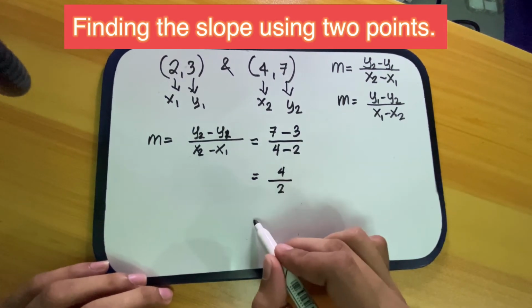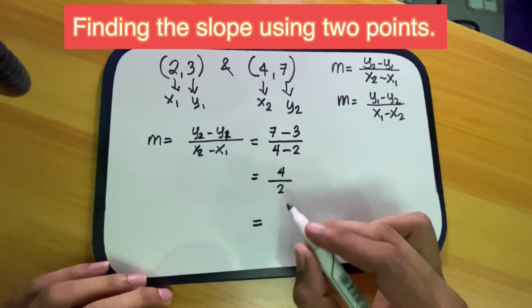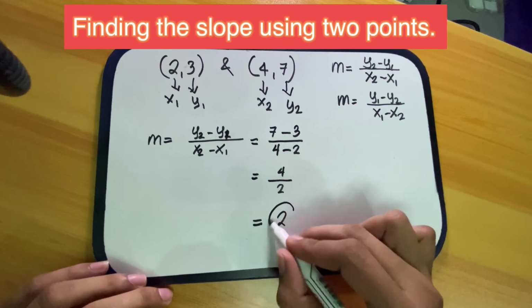So 4 over 2 reduces to 2. So your slope is 2.